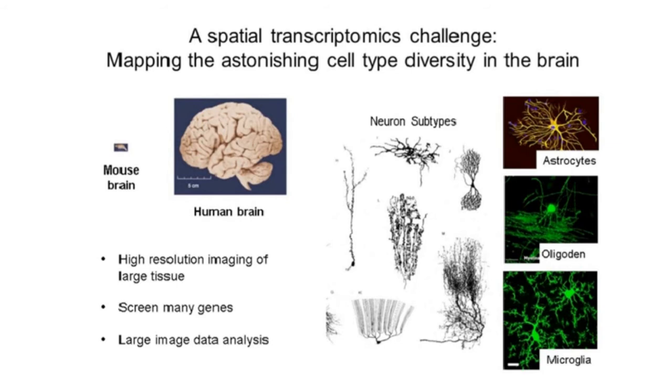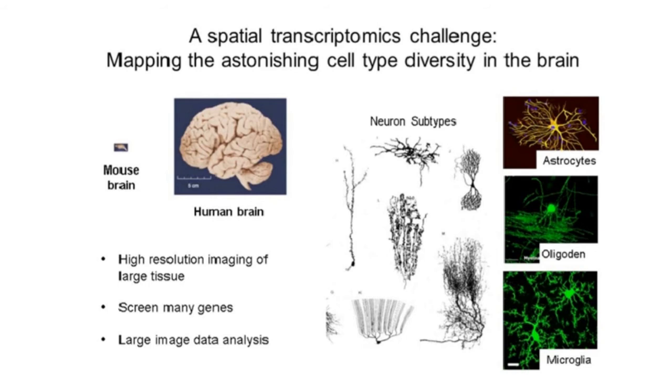First, in the brain, many distinct cell types are located right next to each other. So to be able to distinguish them, we have to do high-resolution imaging. This high-resolution imaging needs to be performed for very large tissue areas. As the brain is very large in size and regionally diverse, you need to be able to image large areas of brain tissue, through clearing or fast imaging of histology sections.